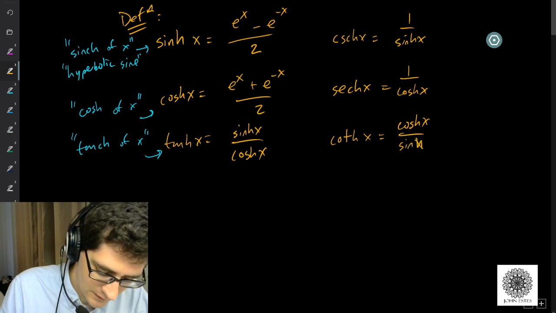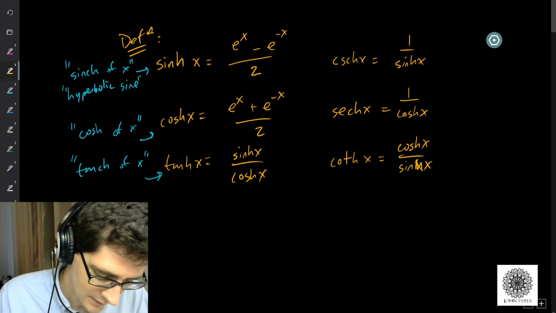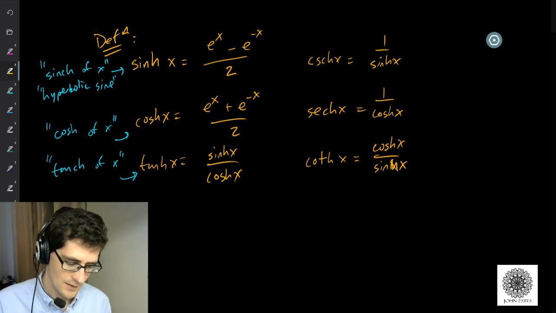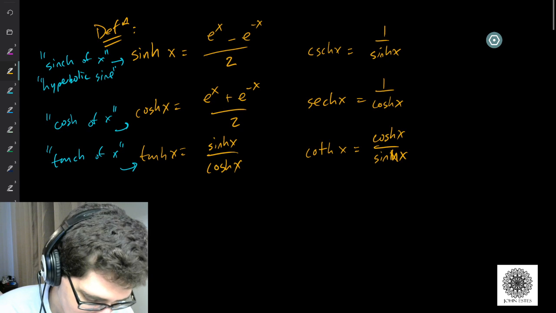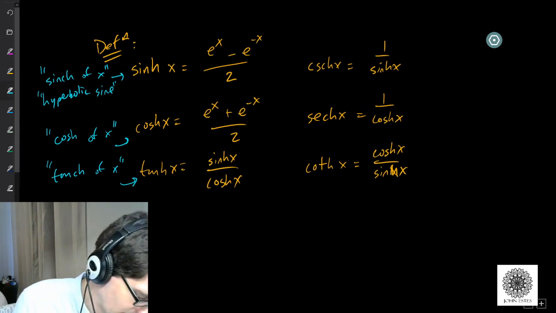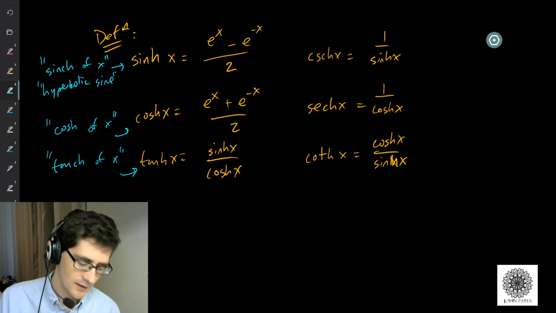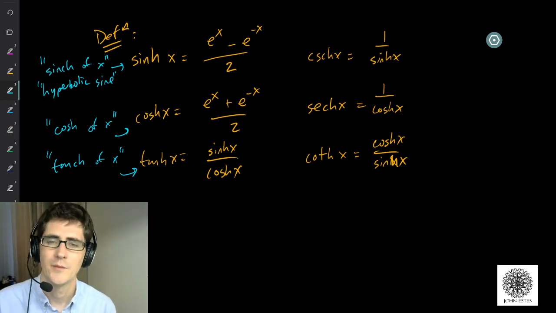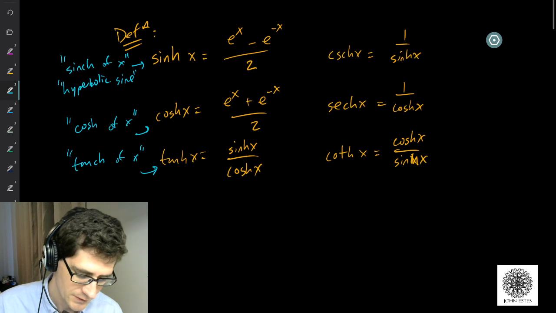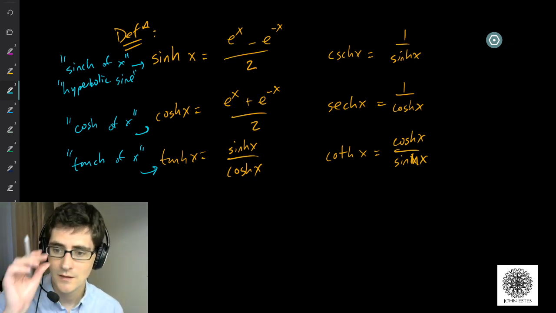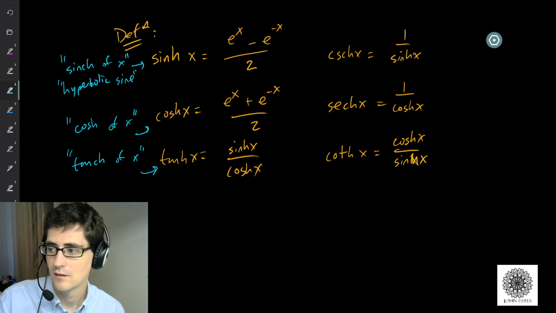Notice we are defining these by the trig identities that we're used to seeing, right? And so this is kind of a weird deal, isn't it? I mean, we have these e to the x expressions, and we're trying to relate that to trigonometry somehow. And I'm going to show that it really does relate to trigonometry, just maybe not in a way that you normally think of, or maybe in a way you wouldn't expect necessarily.